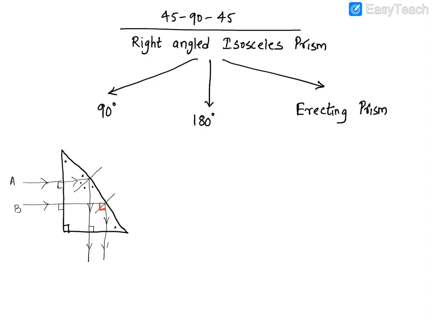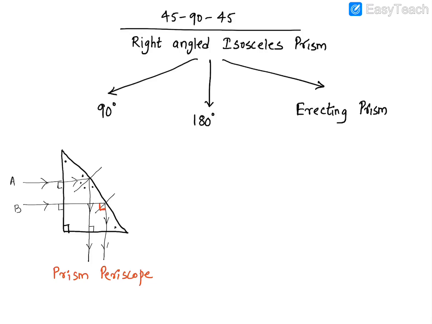And where do we use this kind of prism? They are used in prism periscopes. You probably know what periscopes are. Those periscopes where we use a prism as a reflecting surface are called prism periscopes. Why do we use prism periscopes? Because they give you a clearer image. If you do not know why, that's because here total internal reflection takes place, so most of the light rays are going to get reflected back.